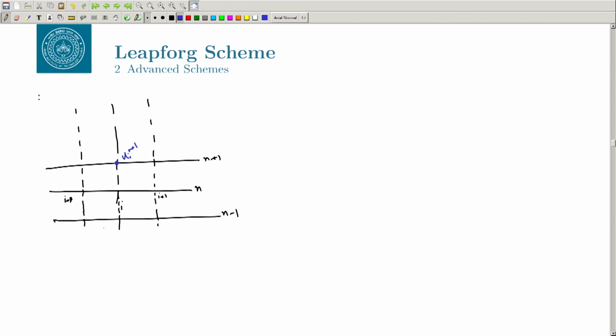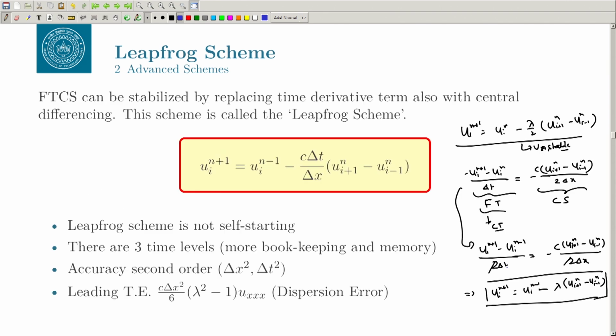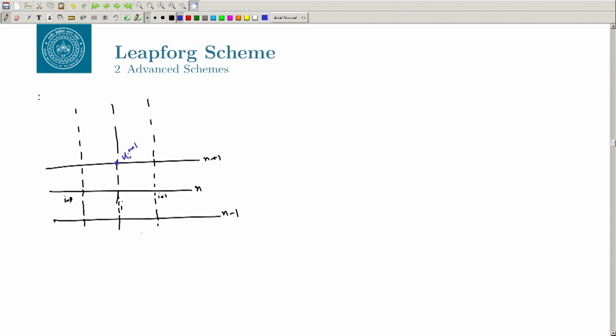Okay. So, what are the instances that are participating in this? You can see this is u_i^(n-1), and then u_(i+1)^n and u_(i-1)^n.